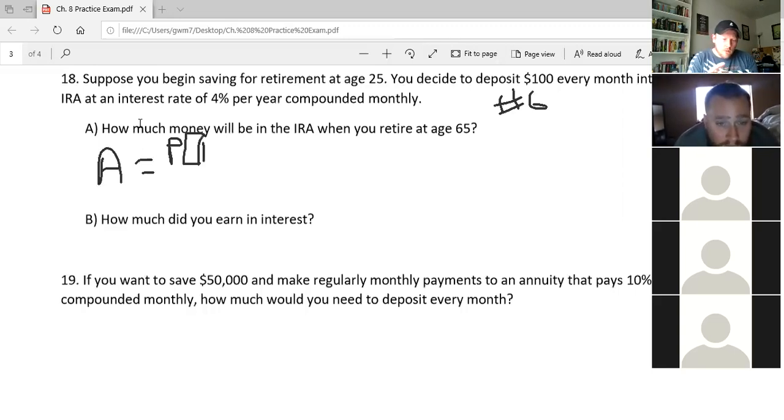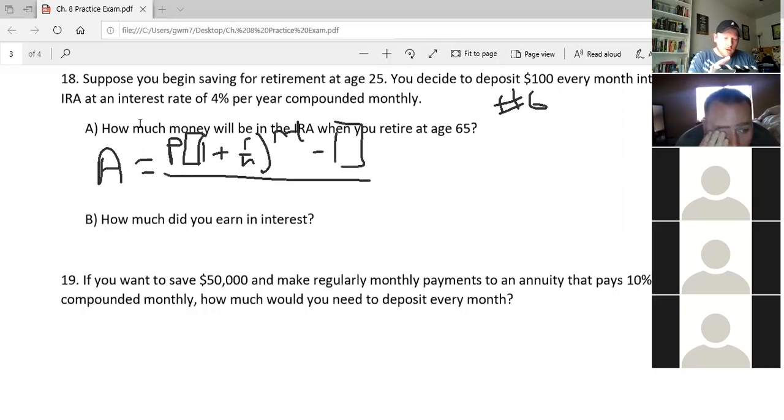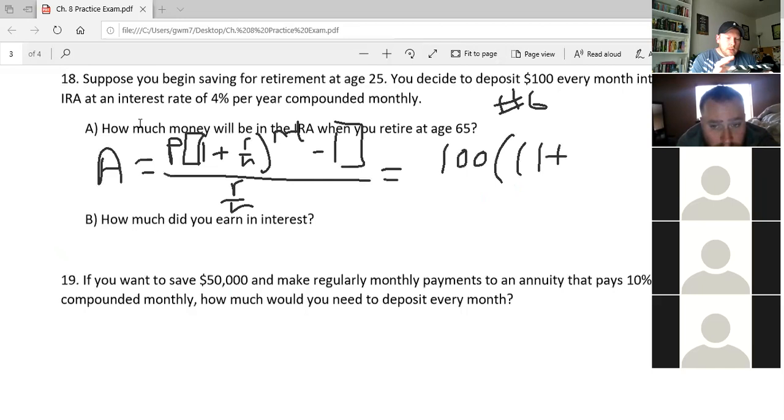Okay, so (1 plus r over n) raised to the nt, minus 1, all over r over n. The P here is the amount that you are depositing periodically. That is $100. The rate was 4%, said monthly.